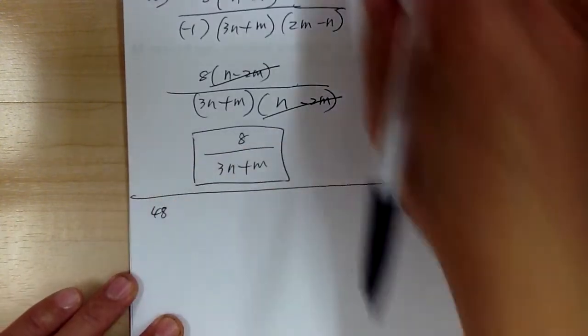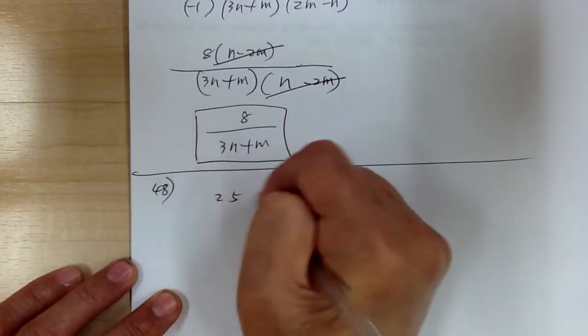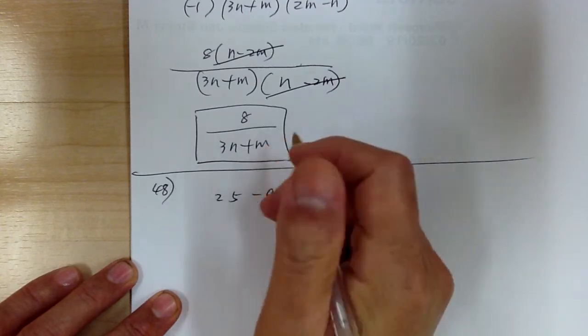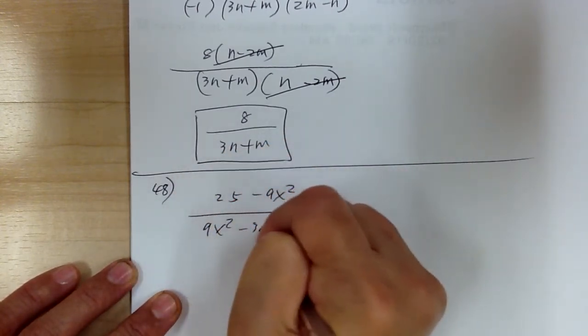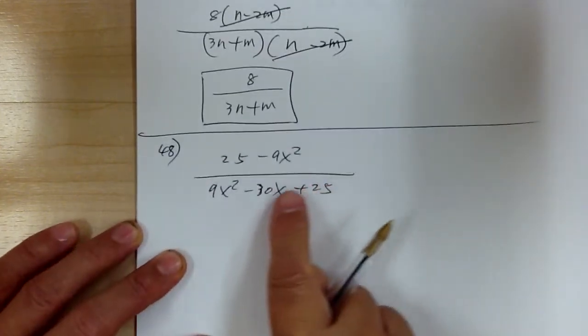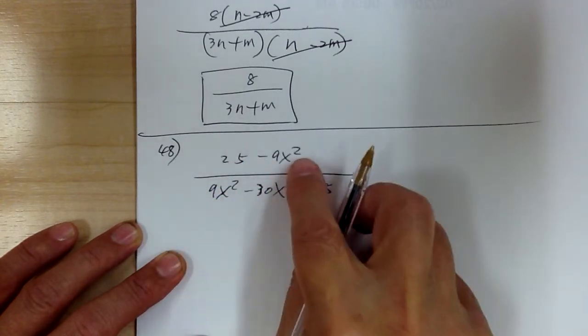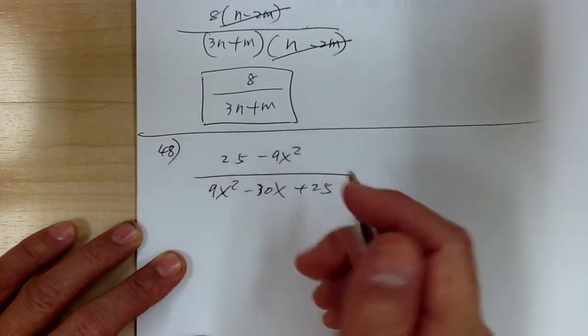Let's go to 48. You got 25 minus 9x squared over 9x squared minus 30x plus 25. Notice this one has x in the front, this one has x in the back. So this is kind of in the wrong order, so I'm going to factor out a -1.